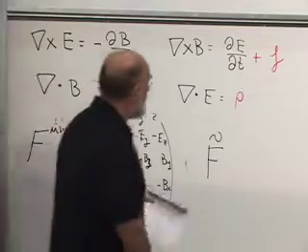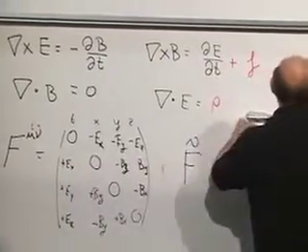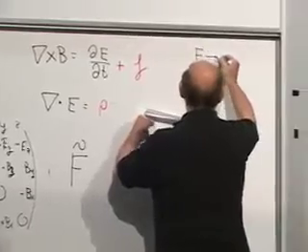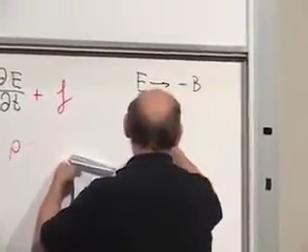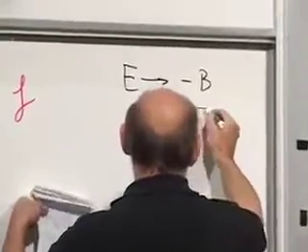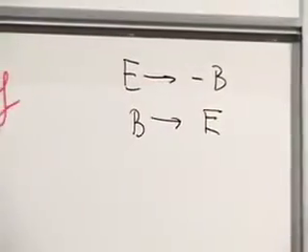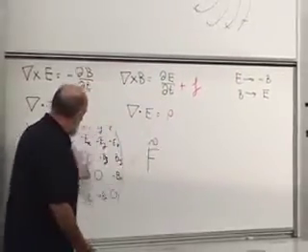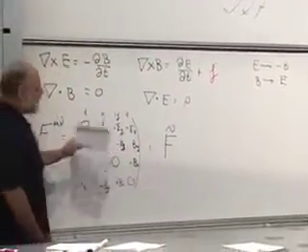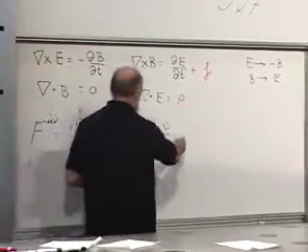Do I have that right? No, I don't quite. You replace electric by minus magnetic and magnetic by electric. That's in order to account for the sign difference here. When you do that, you discover that there's another tensor quantity.